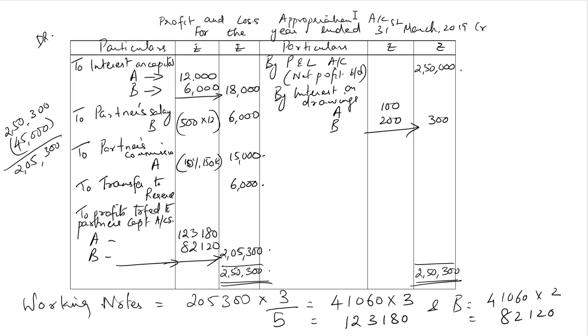So the total of this gives 2,05,300. So we've completed a basic sum on preparation of profit and loss appropriation account.